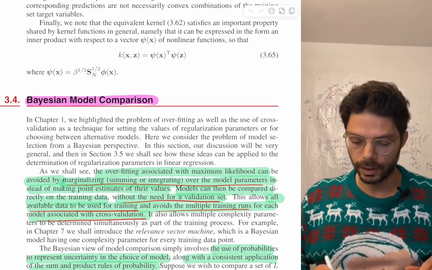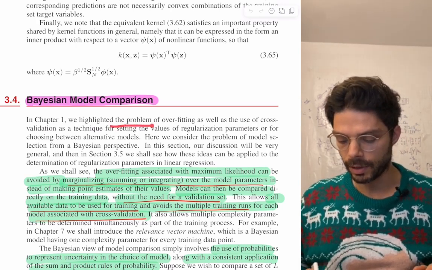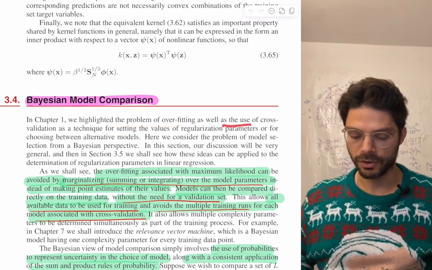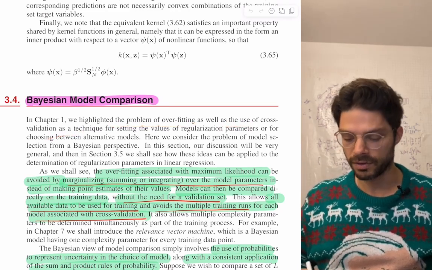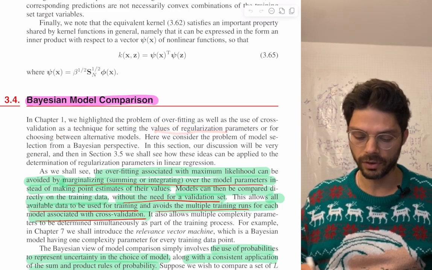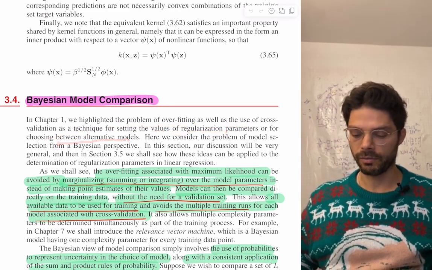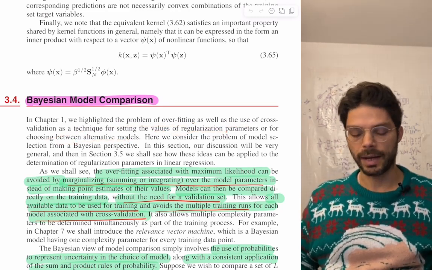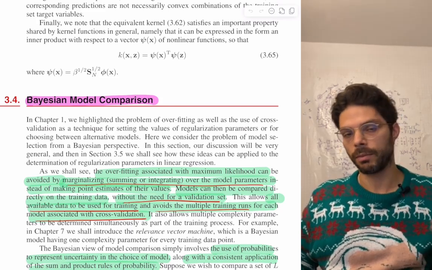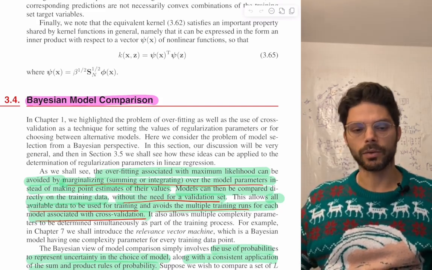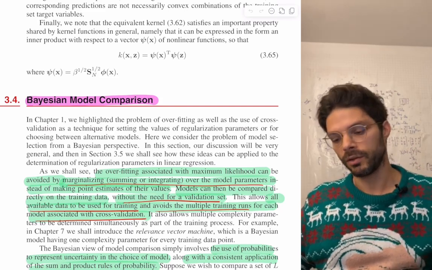Okay, so it says in chapter 1 we highlighted the problem of overfitting, as well as the use of cross-validation as a technique for setting the values of regularization parameters, or for choosing between alternative models. So I think you had a really nice example there where data was coming from a sinusoid, and we were fitting different order polynomials to it.